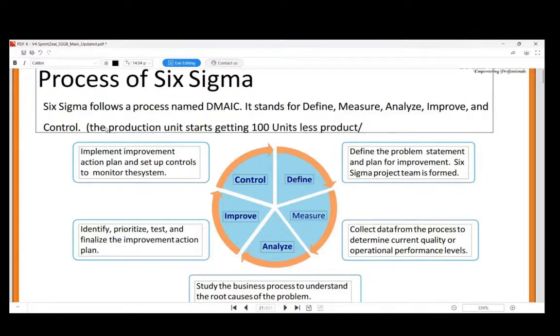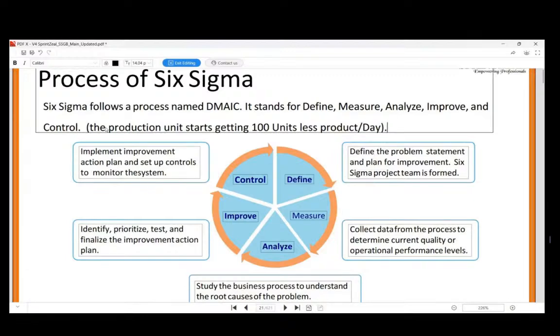For example, let's say I'm writing here the production unit starts getting 100 units lesser product per day.